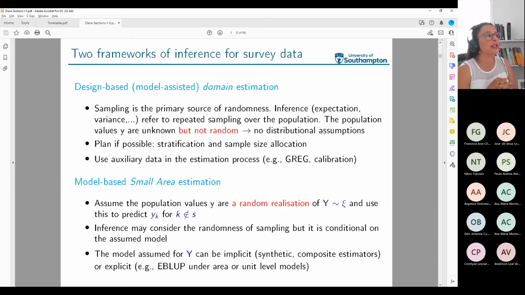I mentioned that we have two main frameworks of inference for survey data. We could talk about design-based or model-assisted domain estimation, or we could talk about model-based small area estimation. What is the difference between those two? Well, the first one, design-based domain estimation, is the standard framework that is being used whenever you have to do survey inference on sampling surveys.